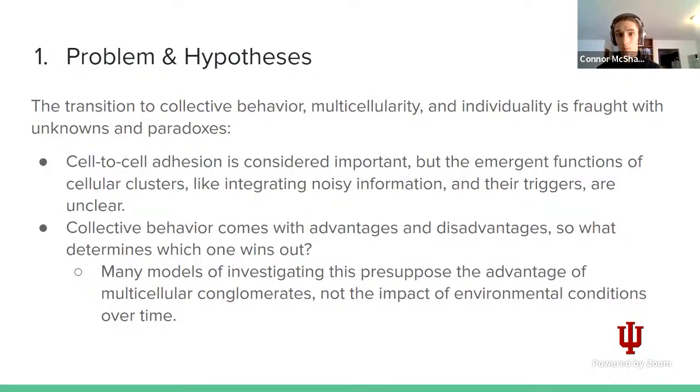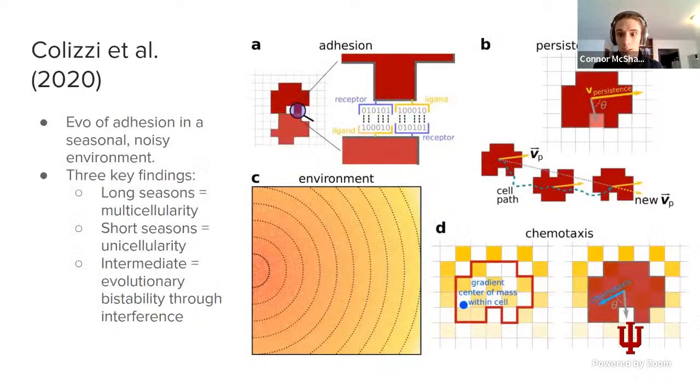That's what this paper tries to begin to answer. On the right is the main conceptual graph from the paper, and they have a couple of primary elements. One is adhesion, where there are ligand binding sites, and basically all the cells can bind to each other, but the strength of that adhesion is determined by the way that the bits match.